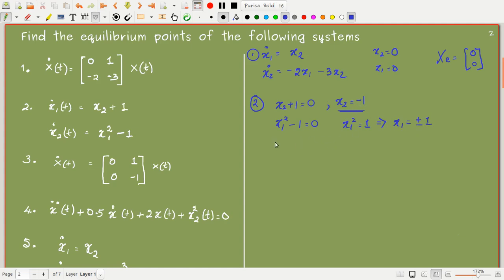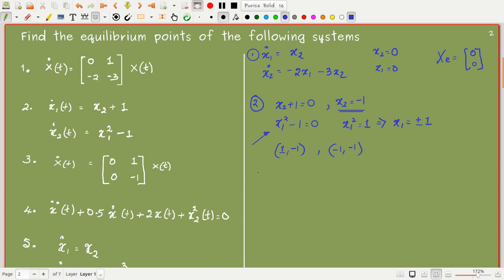For this system, I have 1 comma minus 1 as one equilibrium point, and minus 1 comma minus 1 as the other. These are in fact isolated points in the x1 x2 plane, two different points. This is a nonlinear system, and we have got multiple isolated equilibrium points.